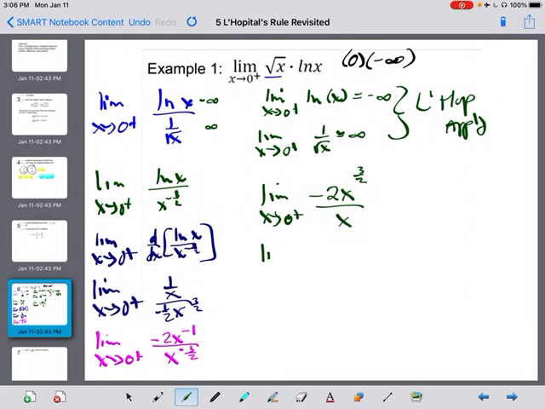And then the limit as x approaches 0 from the right, this is going to be negative 2x to the 1/2 power. And it looks like now I should be able to go ahead and plug in 0 and get 0 to the 1/2 power is 0, and then 0 times negative 2 is going to be 0. And we have successfully completed number 1.